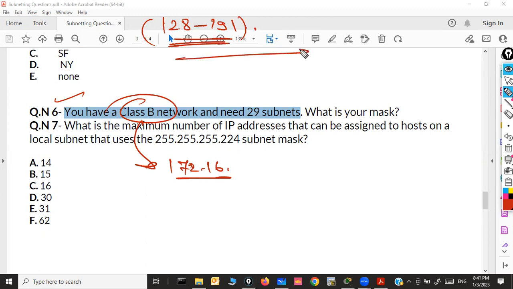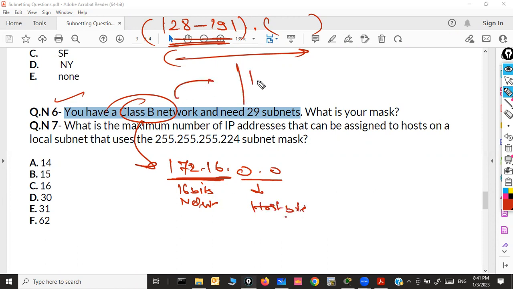In class B, by default, there are 16 network ID bits and the rest are host bits, which means the default mask is /16.